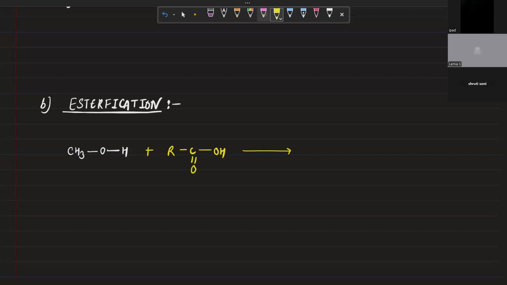Esterification? What is ester? So it would be R, C double bonded O, plus O, right?